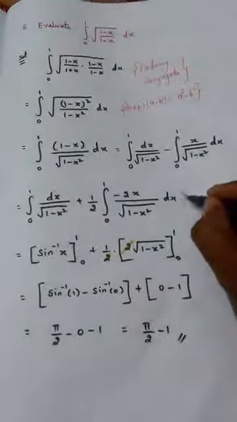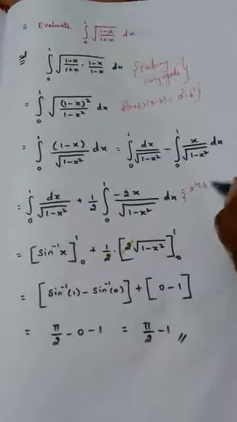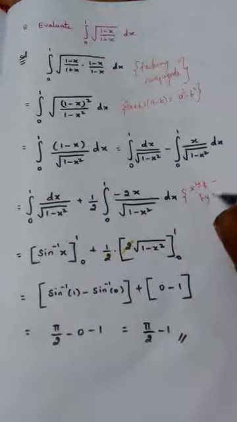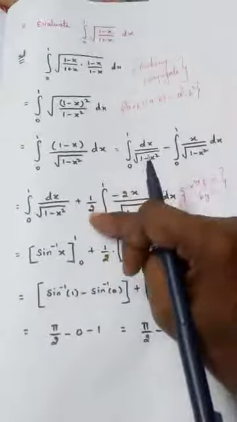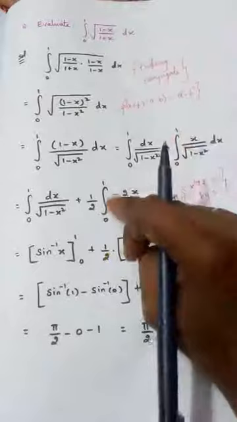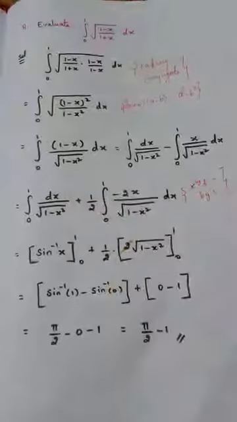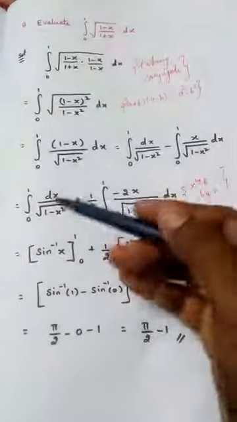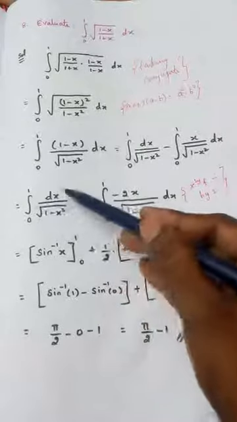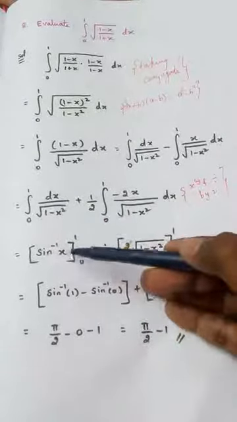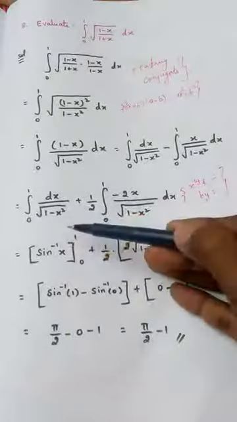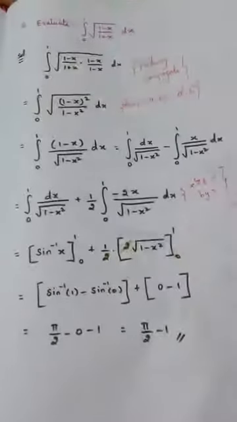At the same time the minus goes inside, so that I put plus here. So why are we doing this? This is the perfect formula. Integral dx by root of 1 minus x square. The integration formula is sine inverse x, and the limit is 0 to 1, plus 1 by 2.